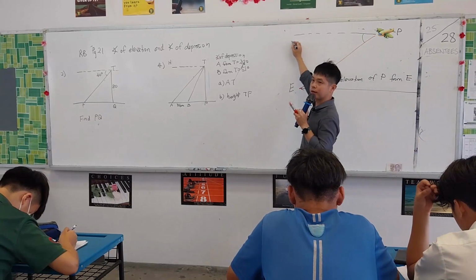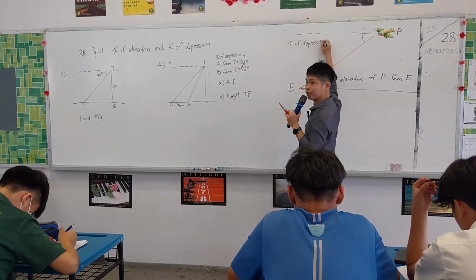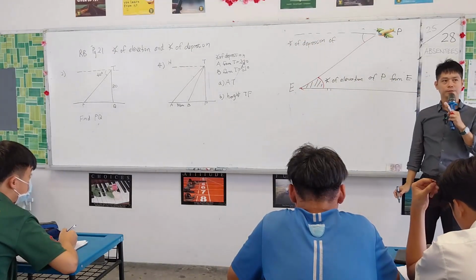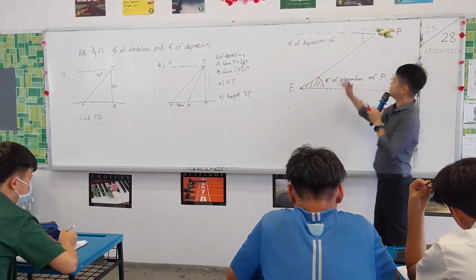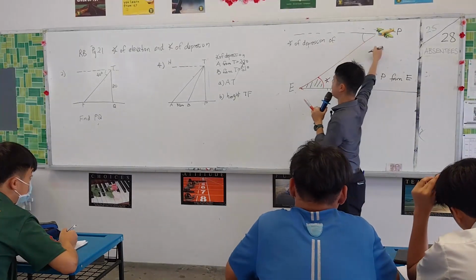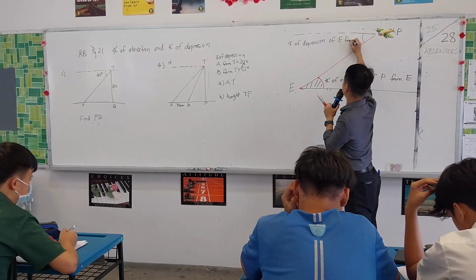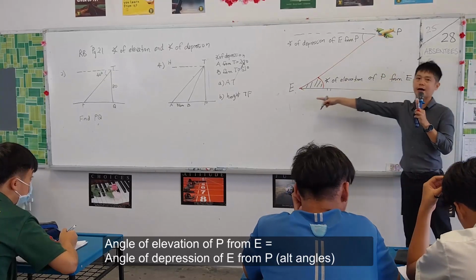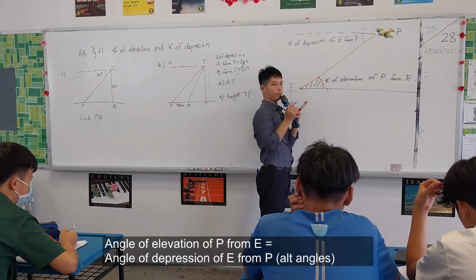This angle is called the angle of depression. Okay, help me out here. Of which letter? I am looking at E from P. So I'm looking from P, the aeroplane, and I look down. Just now I was standing at the ground here and I looked at the aeroplane.